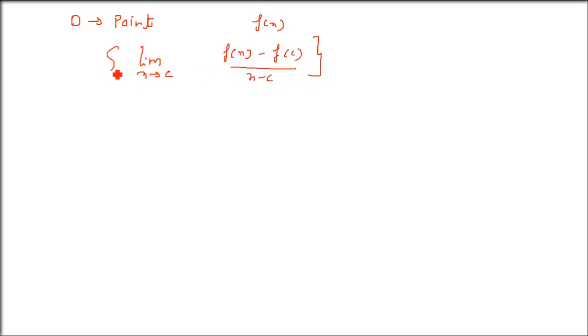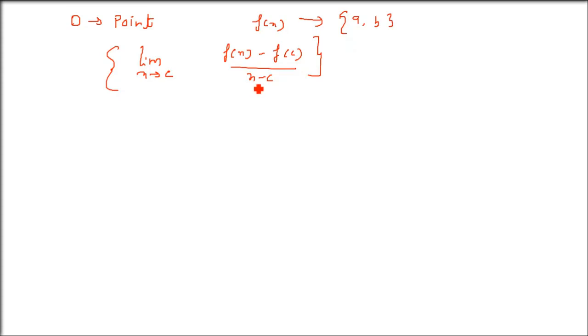Now differentiation from first principles. This is the basic derivation of a function f(x). So when we discussed derivation of a function at a point, say c, in the interval a comma b, we said f(x) minus f(c) by x minus c, and this whole limit, where c has come from a and b, the interval in which this f(x) is defined.